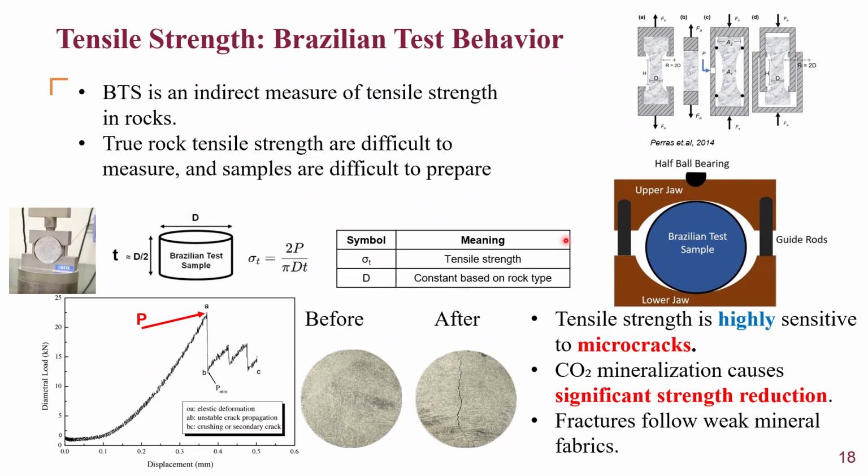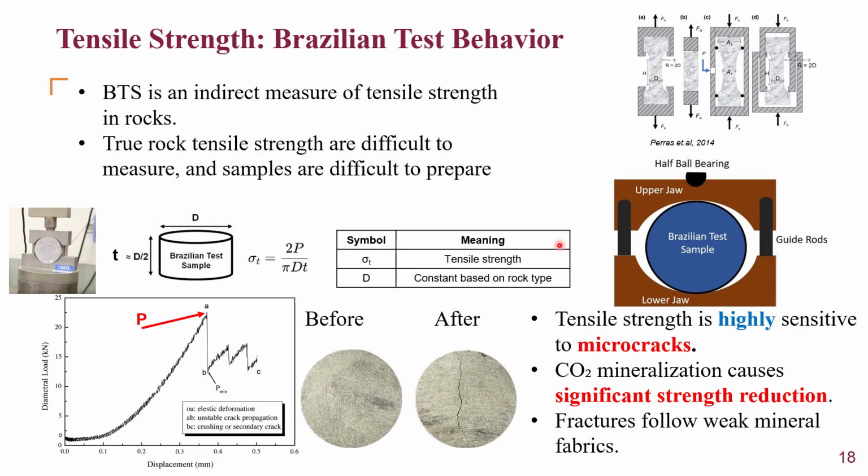Now, tensile strength is highly sensitive to microcracks, as we have already seen. As the rock is undergoing this mineralization, and there are already some microcracks in the rock, the tensile strength of the rock reduces.